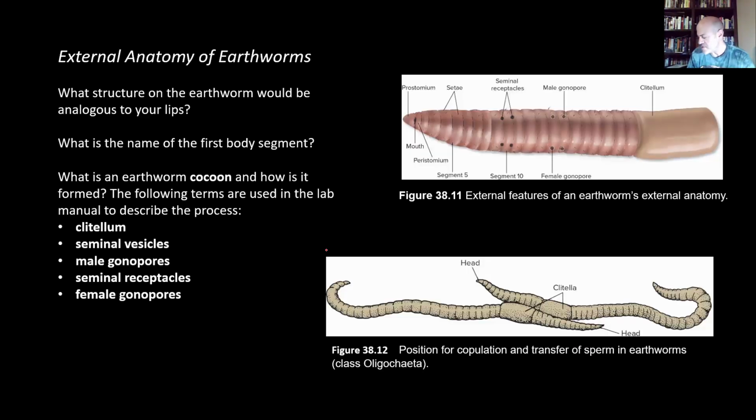So another part of this laboratory is doing observations of the anatomy of an earthworm, related to some of the important fundamental processes like reproduction, feeding, and responding to the environment. Here, looking at the external anatomy of the earthworm, this would be the anterior end of the animal.